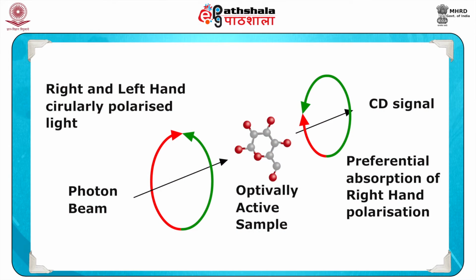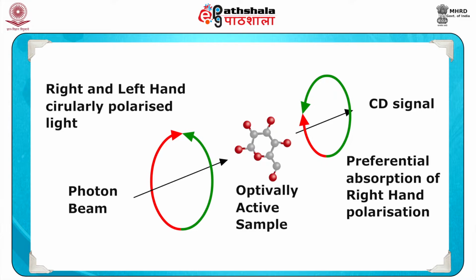CD spectroscopy is a powerful tool to understand asymmetric conformation of proteins and nucleic acids. Circularly polarized light is obtained by superimposing two plane polarized light waves of same wavelengths and amplitudes, but differing in phase by 1/4 of a wavelength and 90 degrees in their plane of polarization.